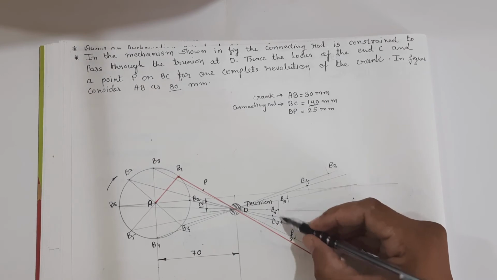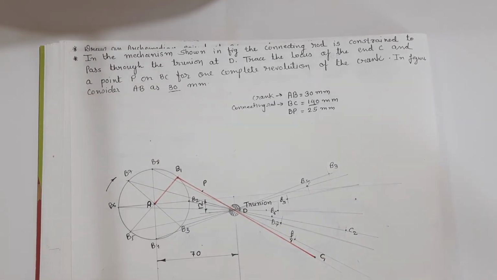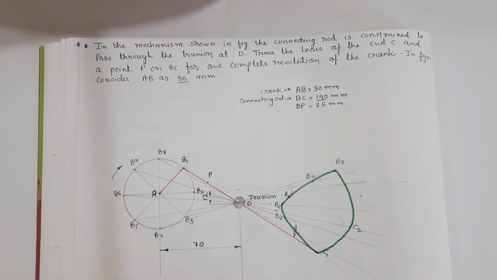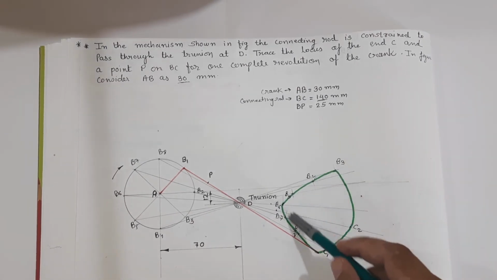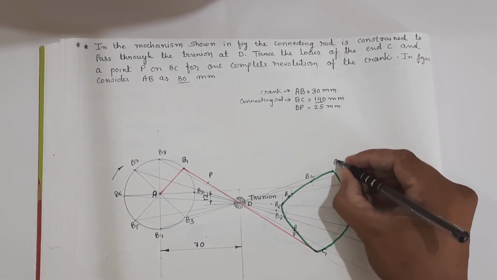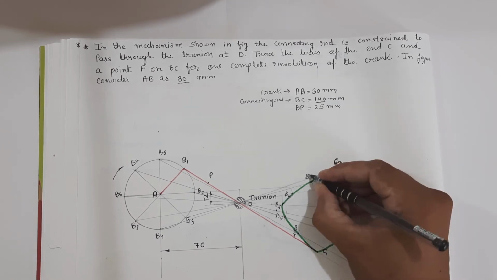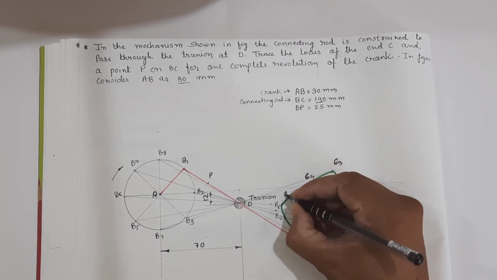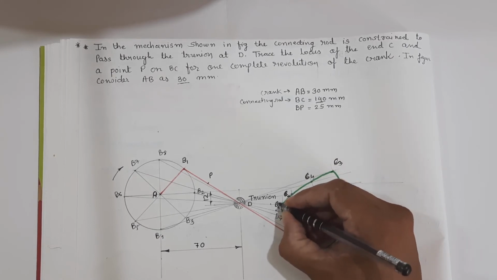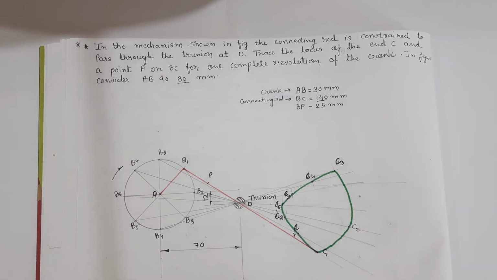Now draw the freehand curve passing through these points, which gives us the locus of point C. Sorry, I have named the points wrongly earlier. This is C1, C2, here it will be C3, this is C4, C5, C6, this is C7, and this is C8.